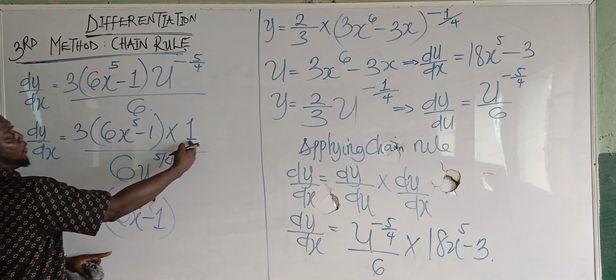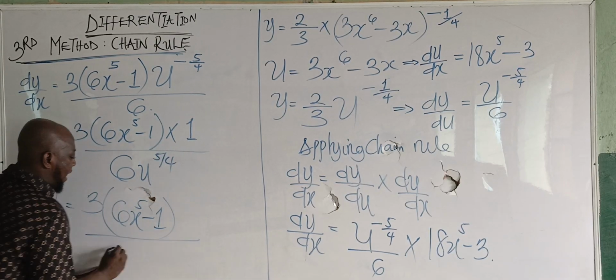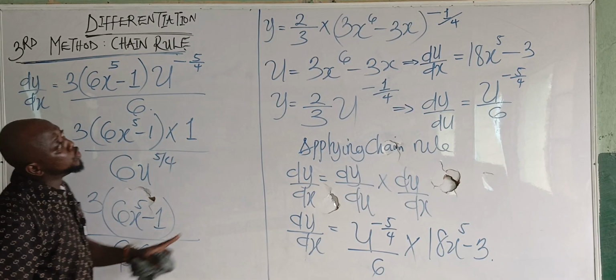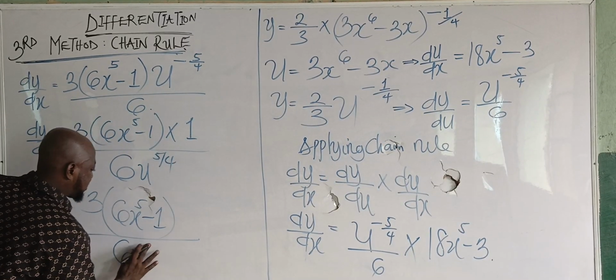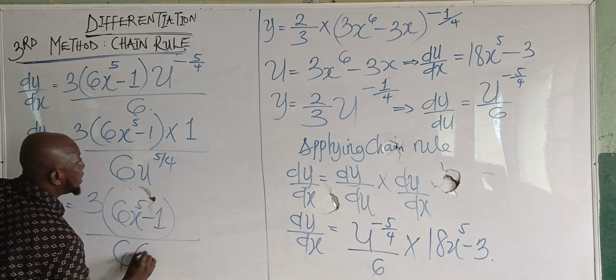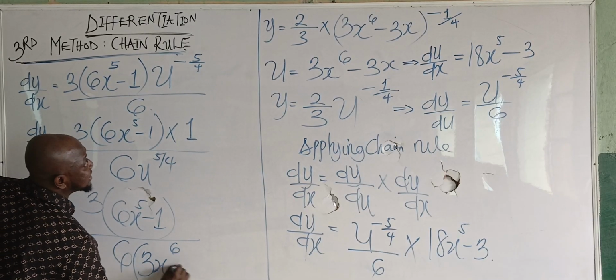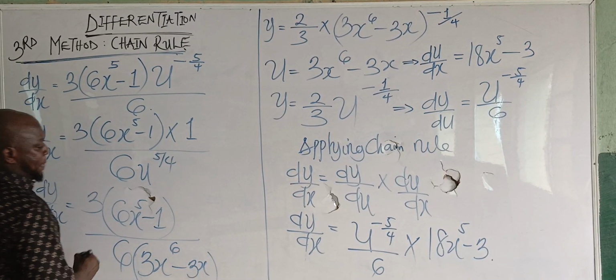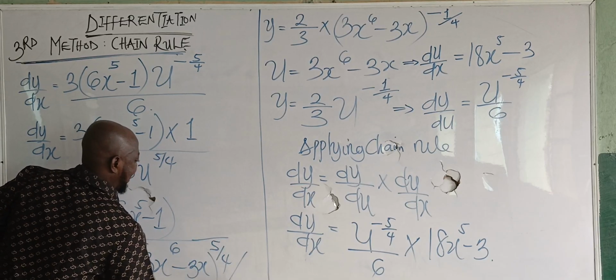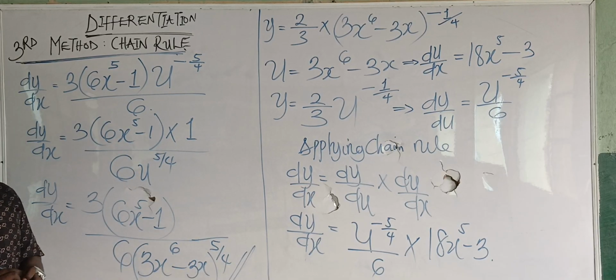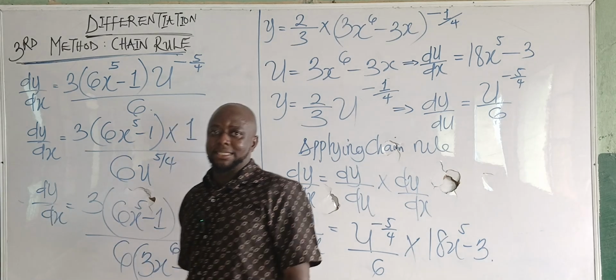Then, because when you multiply 1 times all this one, we'll get this, all over, from the beginning, we know u. This is my u. We said u is all of this one here. So that will give us 3x raised to the power of 6 minus 3x here, raised to the power of 5 all over 4 as my value. This is how this is solved.